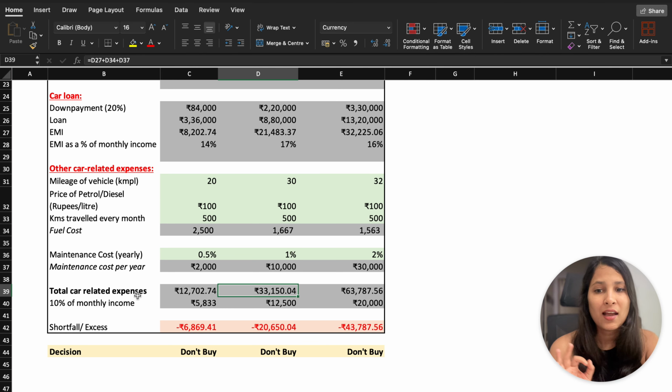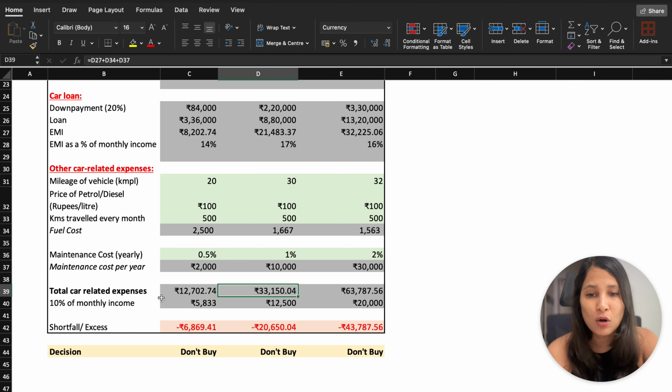Right? Now, what does the rule say? 20/4/10. Now, what was 10? That the monthly expenses that you are going to incur for a car should be only 10% of your monthly income. Am I correct? Should be only 10% of your monthly income.